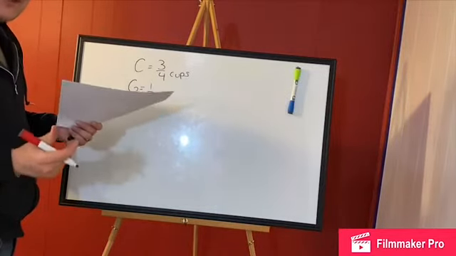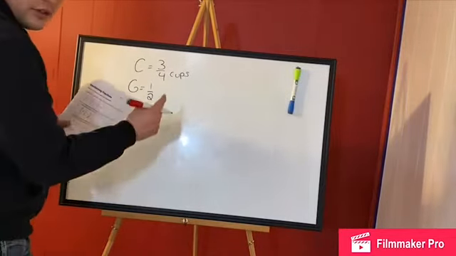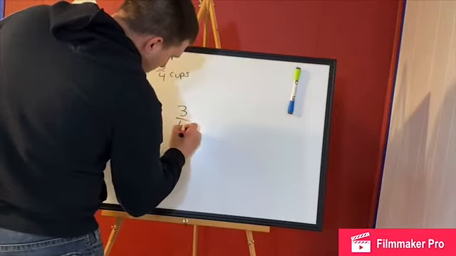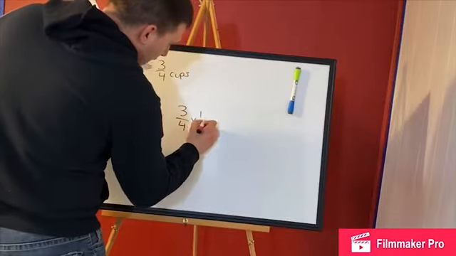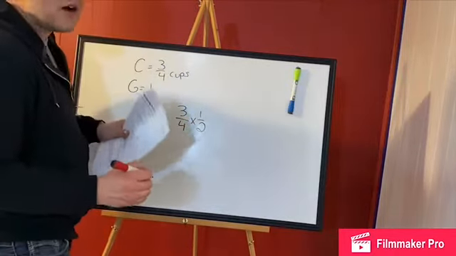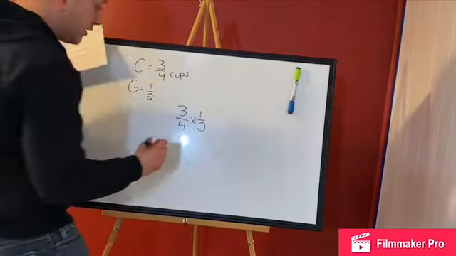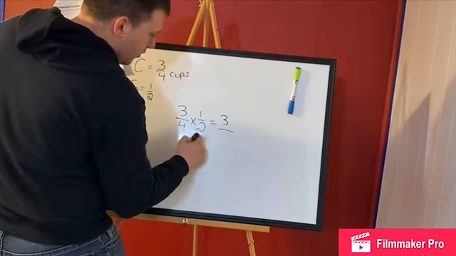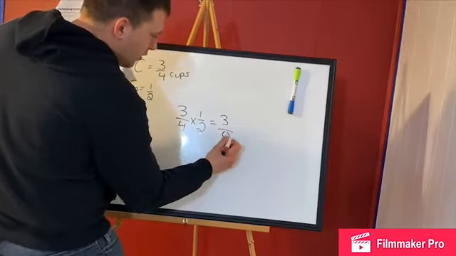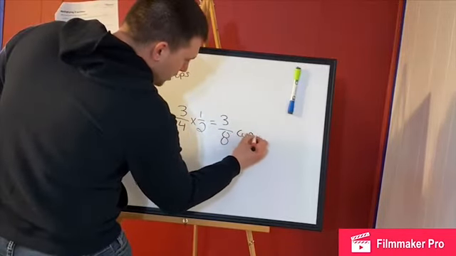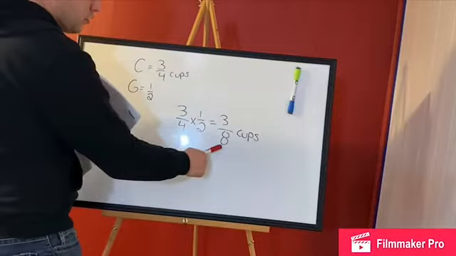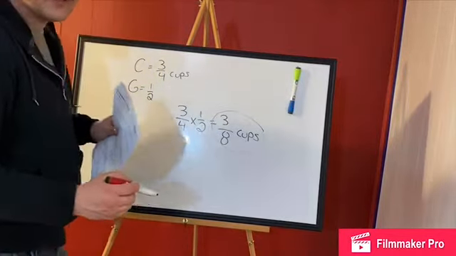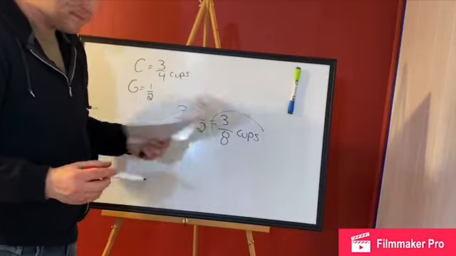How much flour does he need to use? So we're going to take this 3/4 cups, multiply it by 1/2 to figure out how much a half of 3/4 is. Our 3 times 1 is 3. 4 times 2 is 8. So the answer is Gary will need to use 3/8 cups for his cake recipe. Okay?